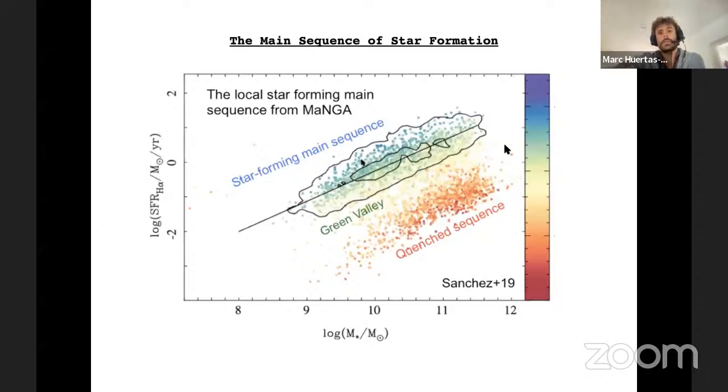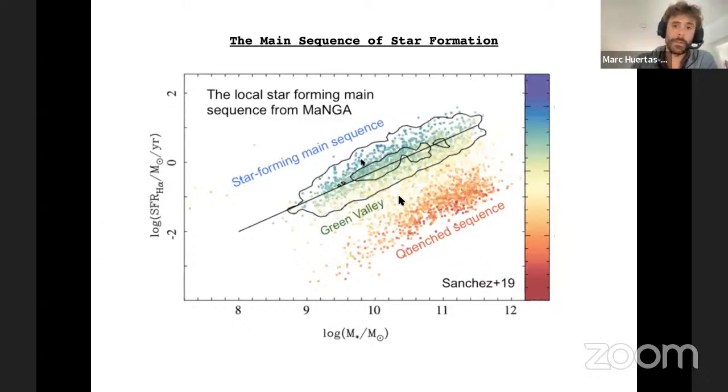This is translated in a modern way into what we call the main sequence of star formation, or the star formation-mass plane, which are two key quantities of galaxies. The x-axis is stellar mass, the y-axis is star formation rate, and you can see that galaxies tend to lie in what we call a main sequence.